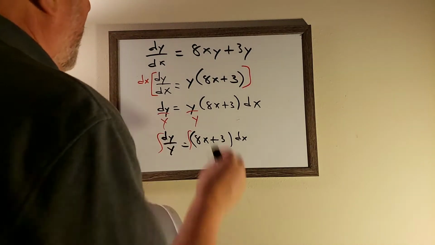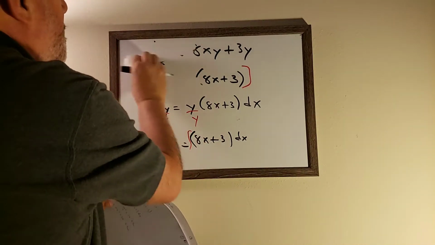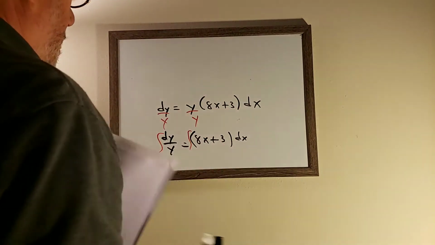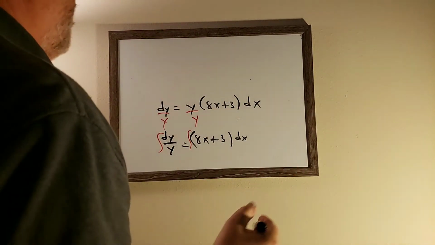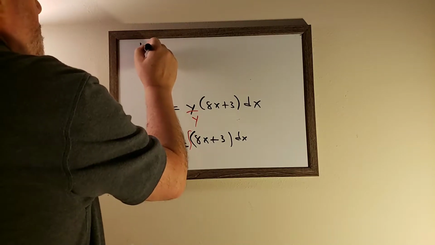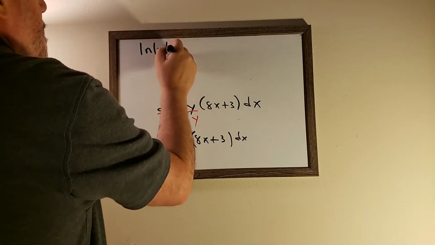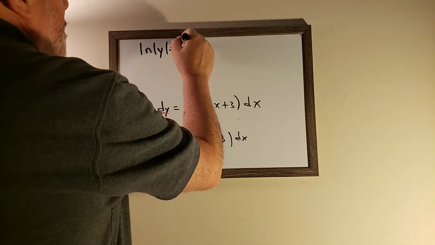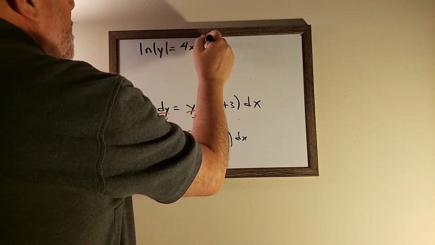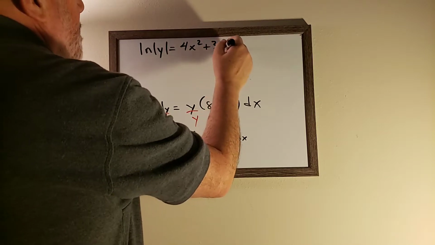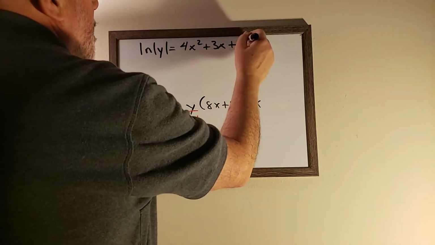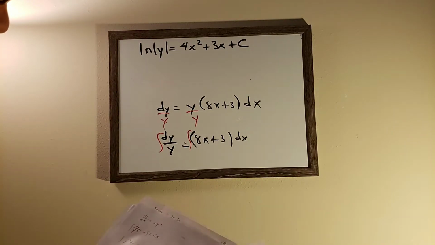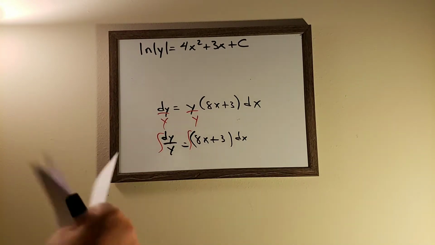And remember, we integrate dy over y in terms of your natural log. And then if I integrate the right side, we would end up with 4x squared plus 3x plus c. And so we have found that one solved, right?